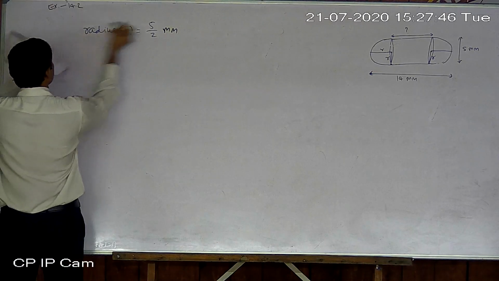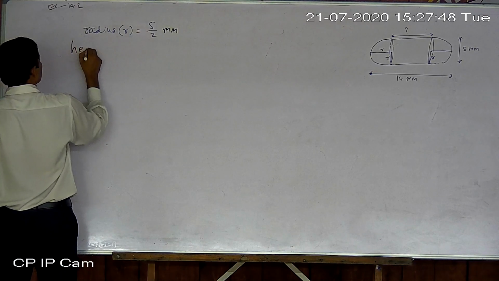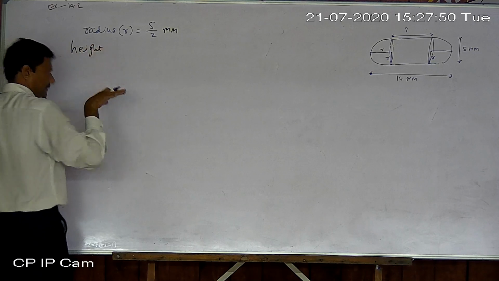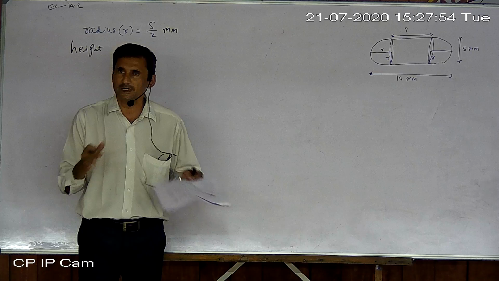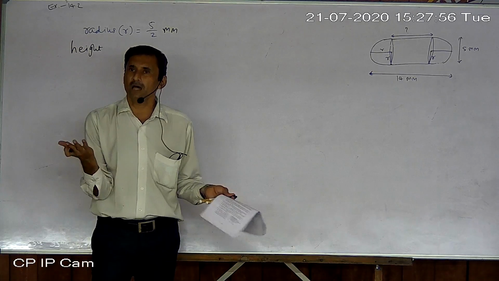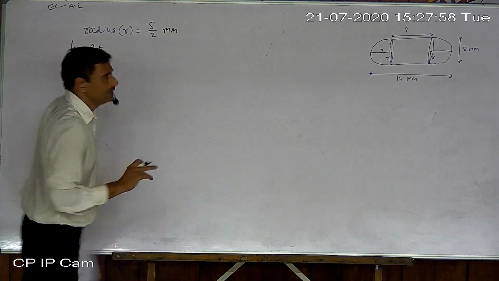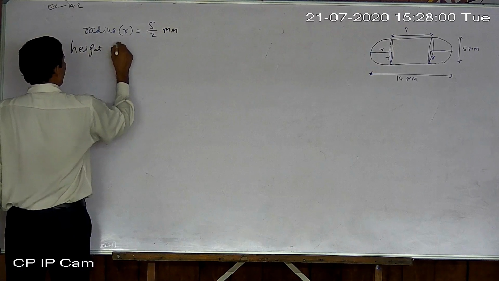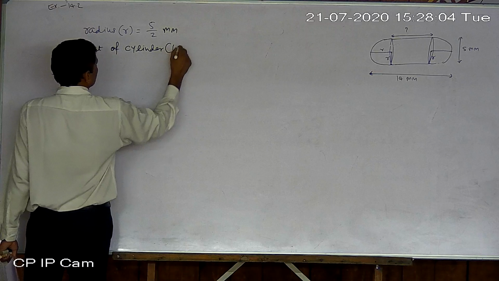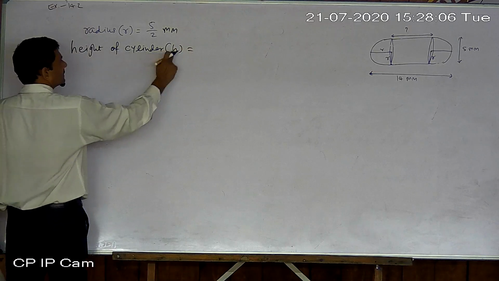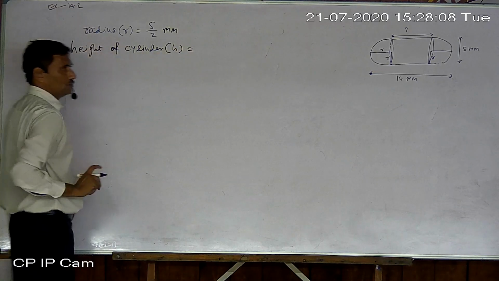Now, height or length, both are equal. If the shape is horizontal, then generally we imagine it as length, and if it is vertical, then height, but it remains the same only. So height of cylinder is, okay, full form and symbol also.